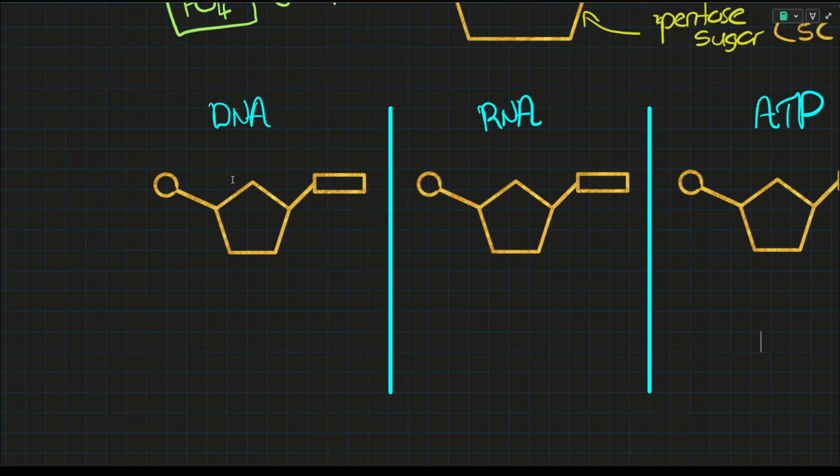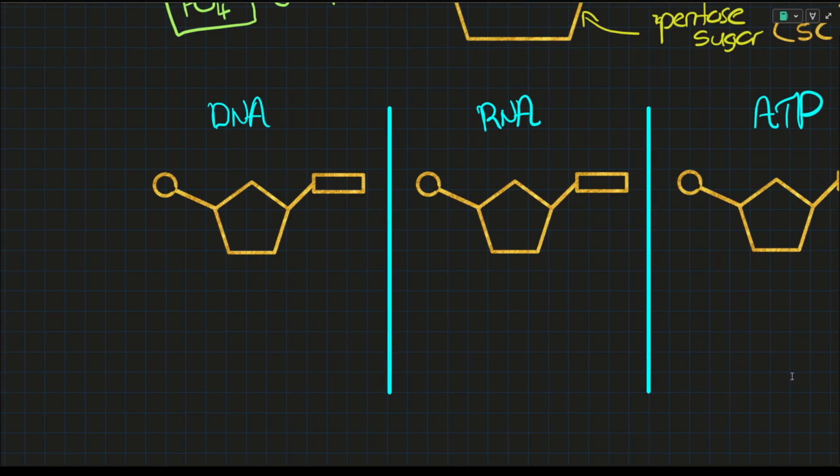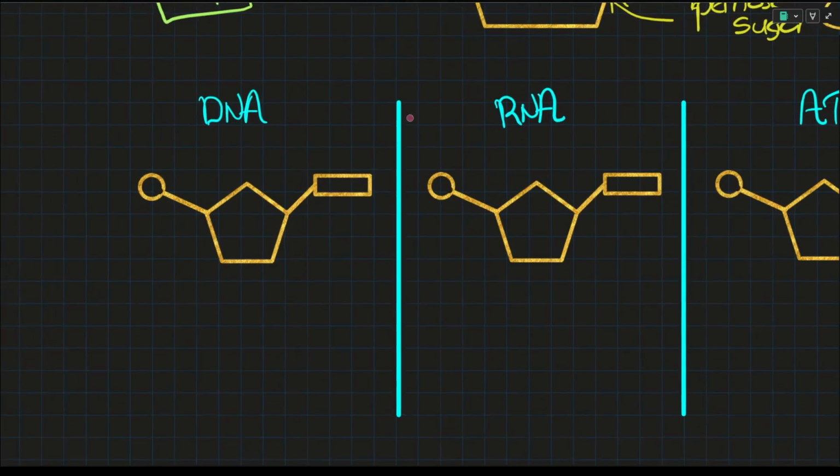Things in the sense, the type of sugar. Now, this is a pentose sugar. All of them have a pentose sugar, okay? We're not changing the number of carbons in a pentose sugar. It's still a pentose sugar. We might change the type of pentose sugar. What does that mean? Let us take a look.